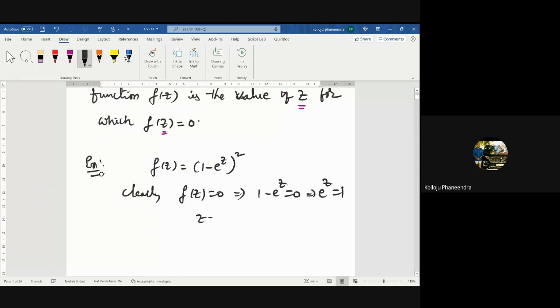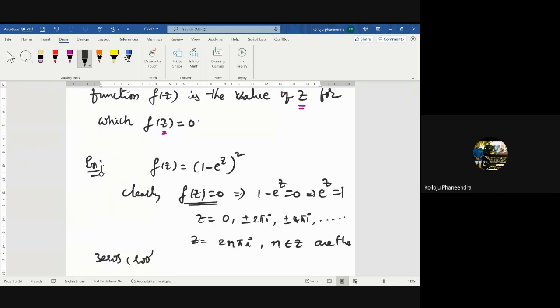As I told you yesterday, z equals 0, plus or minus 2 pi i, plus or minus 4 pi i. All these values, nothing but z equals 2n pi i, where n belongs to Z, are the values at which f of z is 0, the zeros or roots of f of z.